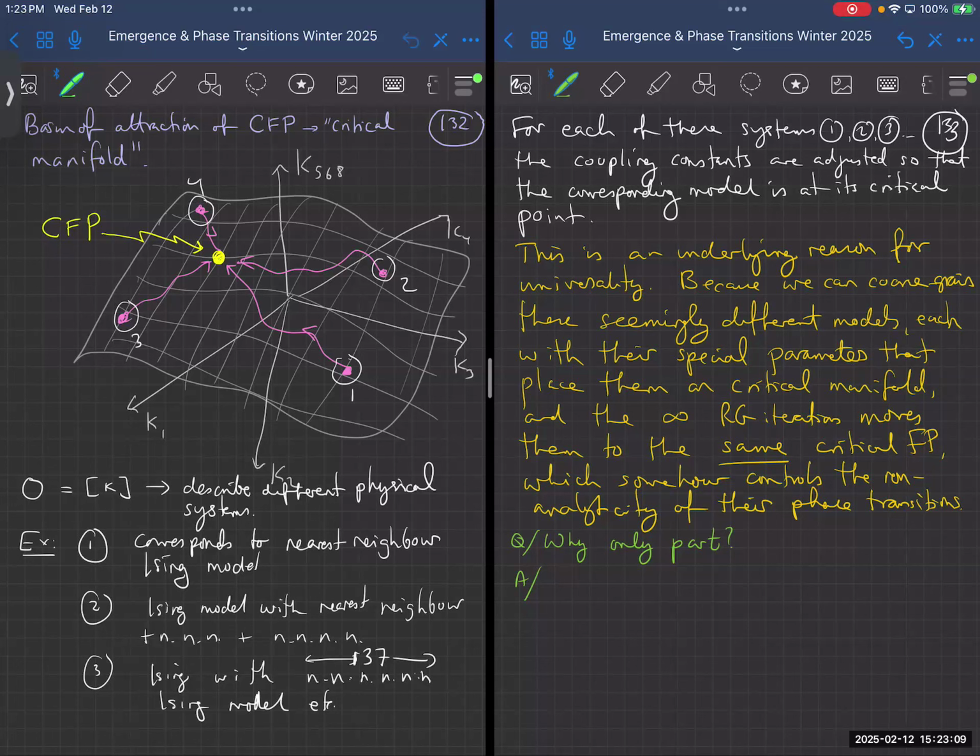Okay, let me try. When we talk about the critical exponents that we derive for, say, the mean field Ising model, alpha, beta, gamma, those critical exponents, what question did they answer? So let's talk about the critical exponent beta. What question did that answer?